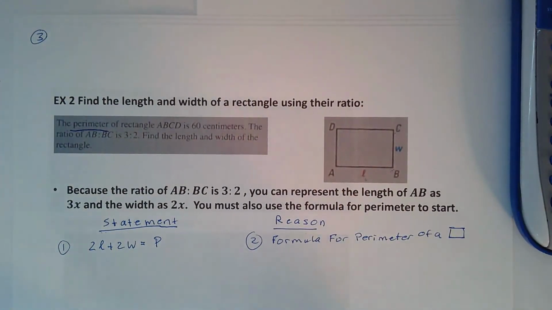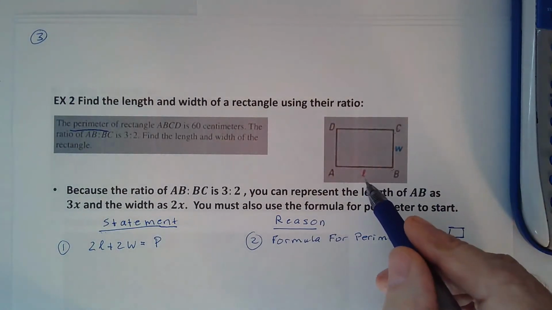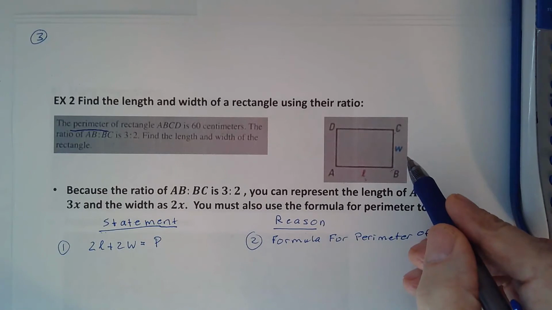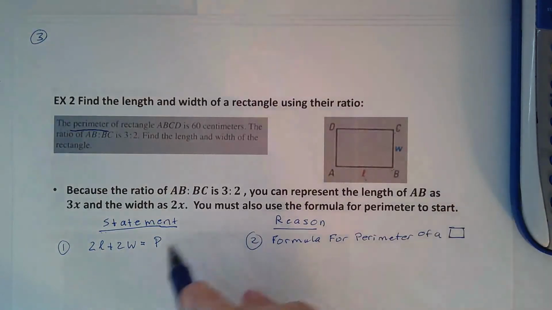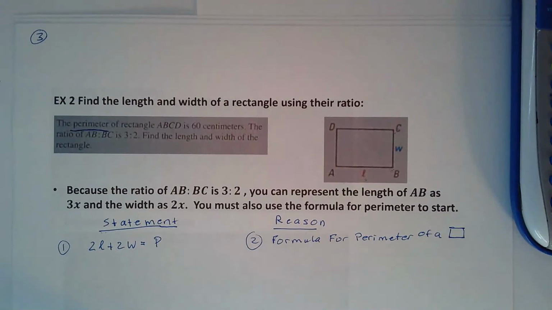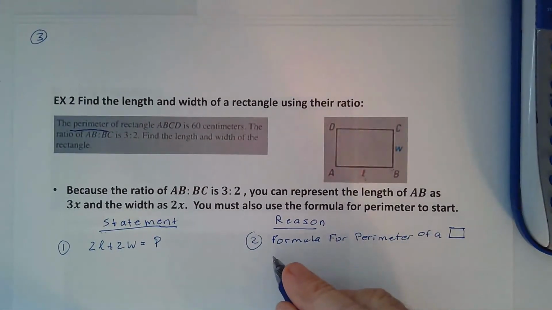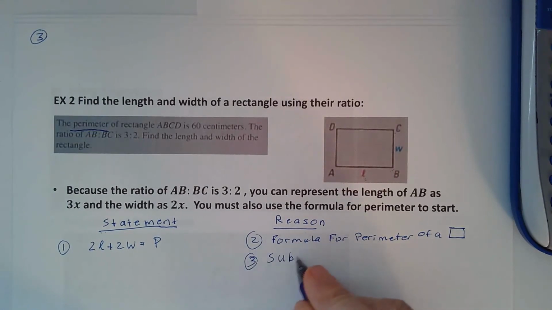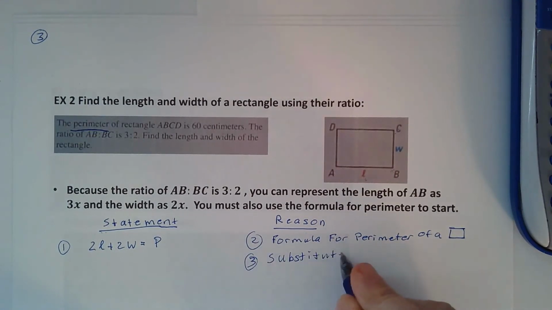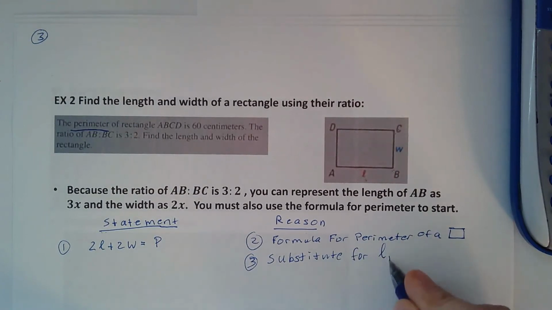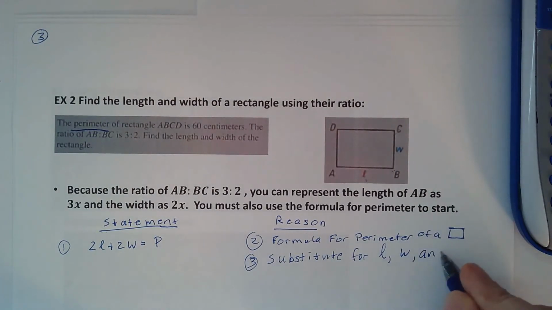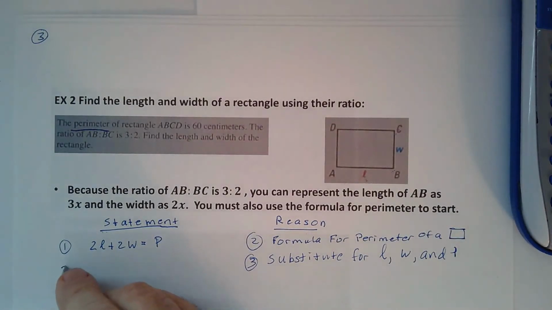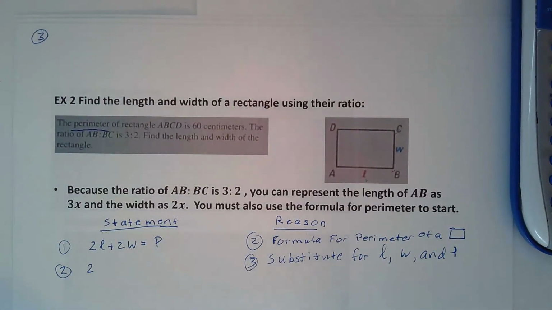Now that we've got that, what we're going to do is substitute for L, substitute for W, and substitute for the perimeter. So substitute for L, W, and P. So what I'm going to do is, I've got 2 times, now L, what did we say L was?